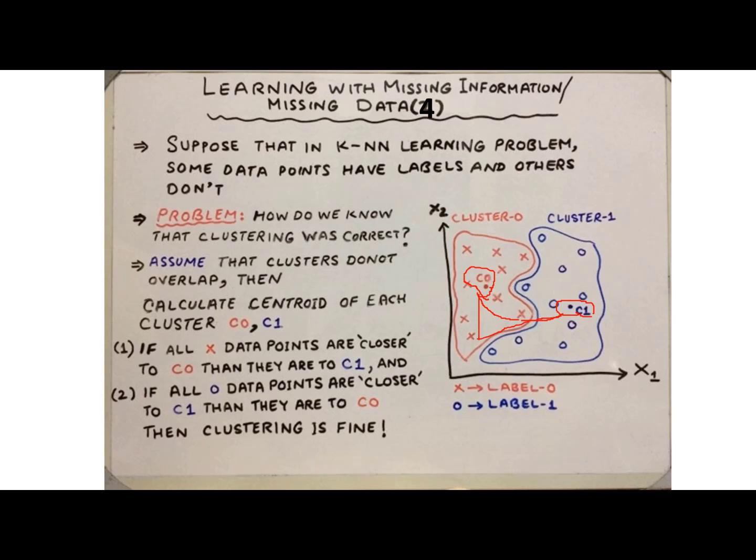And obviously in this case we can see that this is not entirely correct. For instance, this data point which has label 1 seems to be closer to C0 than it is to C1. So obviously there is some issue in the clustering. So this brings up another question: how can we fix the clusters?